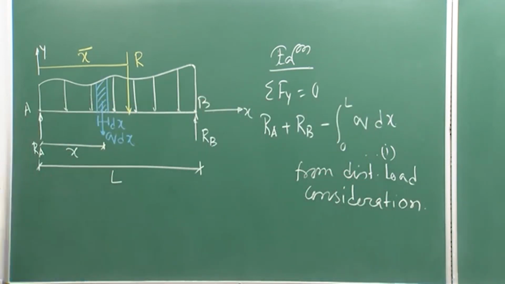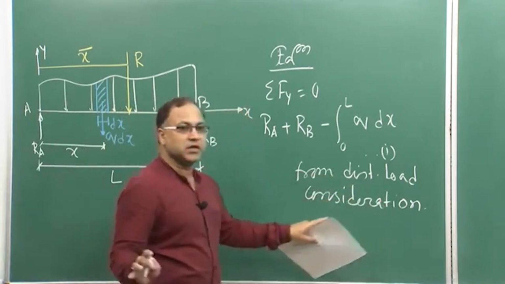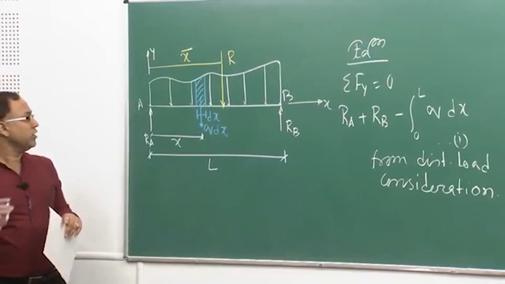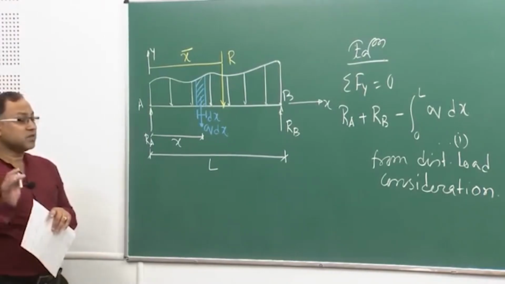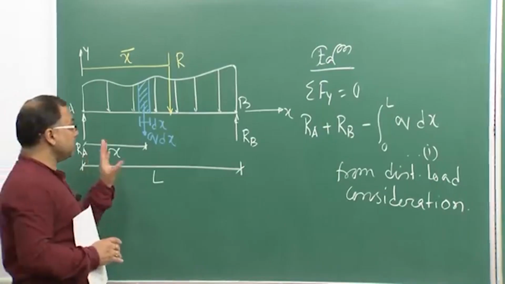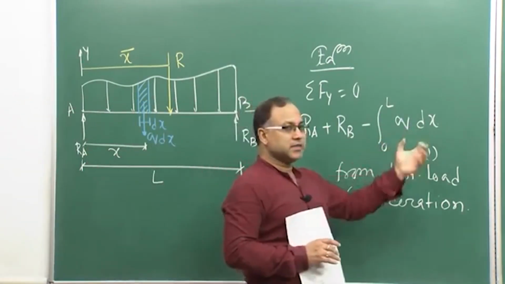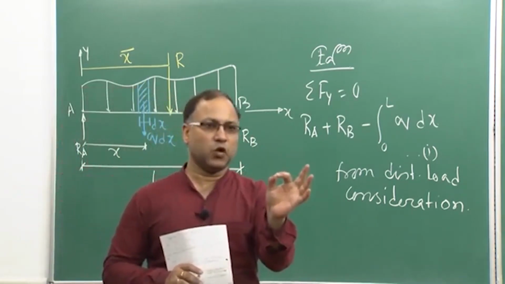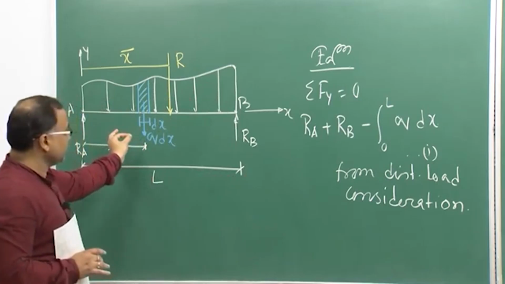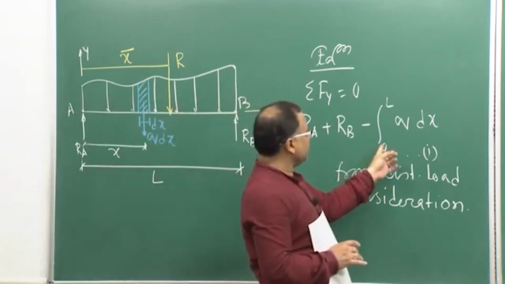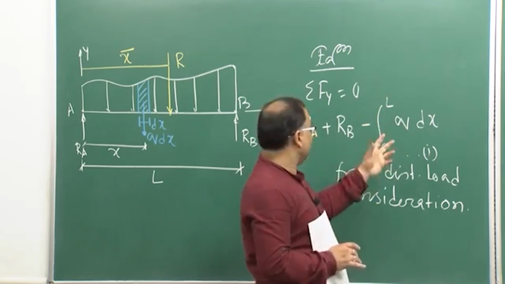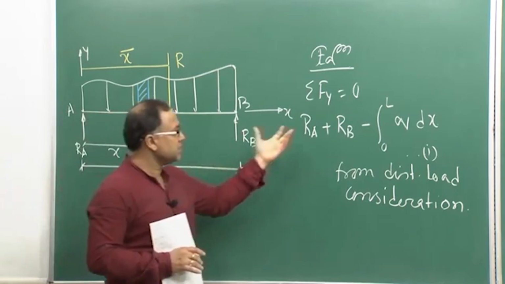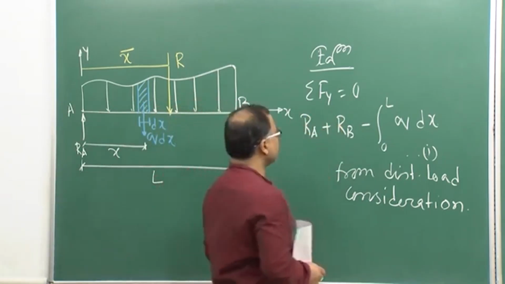Agreed or not? Whatever we learned so far, when you have the distributed load, we are not talking about the resultant. So, if you consider the distributed load, q dx is the concentrated force on the infinitesimally small length dx, and I am integrating over 0 to L, that is giving me the total load, and based on that I can consider this as my equilibrium condition. Of course, this is 0, so fine.